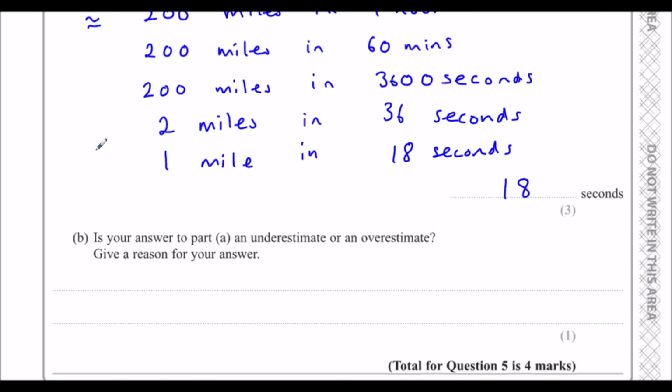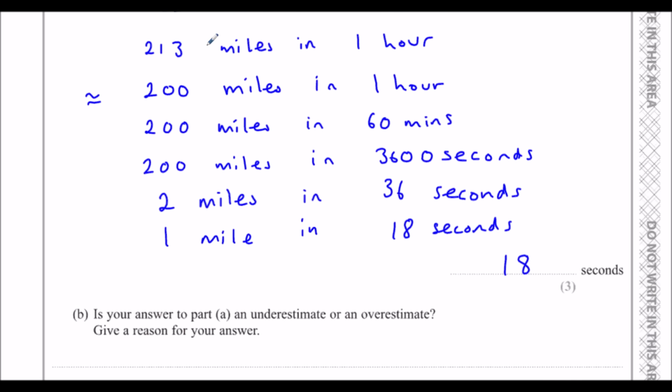Is your answer an underestimate or an overestimate? So what did we round? We rounded the distance down. So the distance is actually more than 1 mile. So it goes more than 1 mile in 18 seconds, which will mean it takes less than 18 seconds to travel 1 mile.